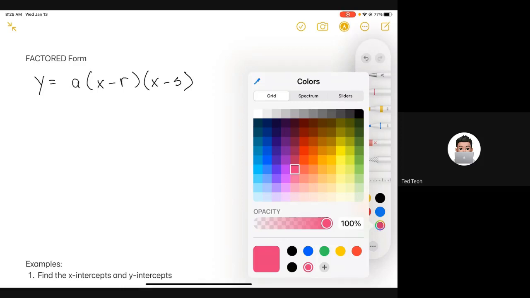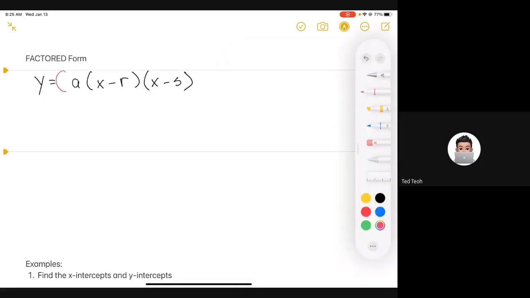After the equal sign, if I see a positive or a negative, I know if it will open up or down. Not only that, once I know if it opens up or down, I can find out if it's a max or min. It also has an A value, which will tell me if it's a stretch or shrink. If there is no number there, then there is no stretch or shrink.